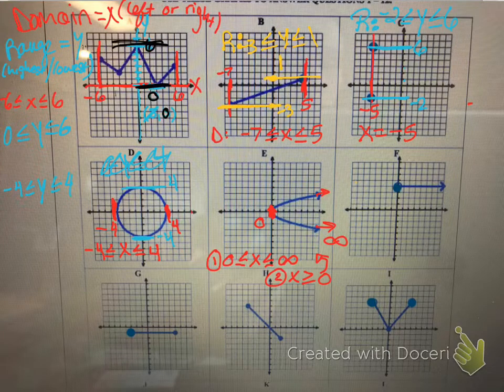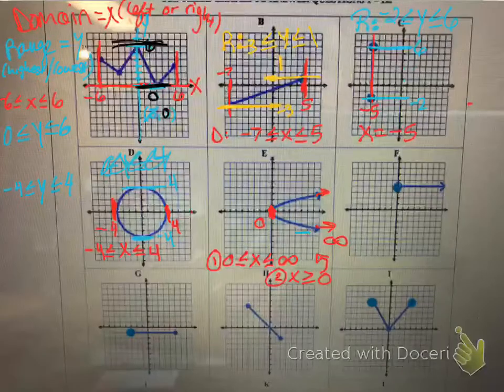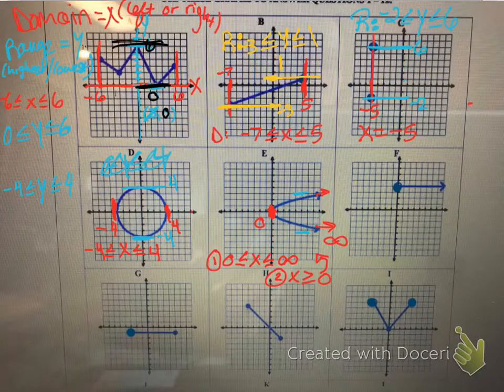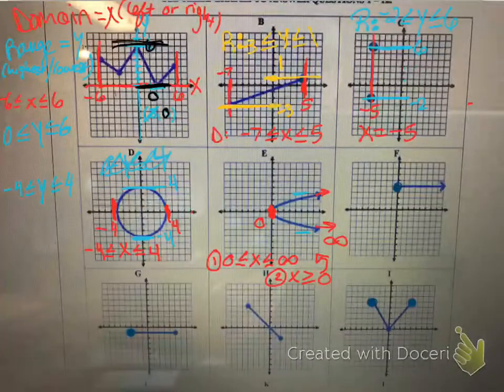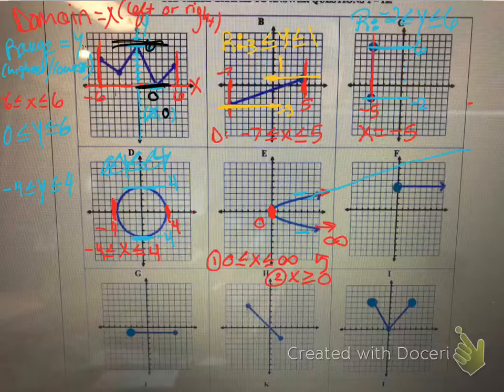Let's take a look at the range then. So for the range, we look at the lowest and highest. We kind of don't have a great lowest and highest point because, again, these are going on forever and ever. So it's going to keep going up and over. This one's going to keep going down and over forever. So we don't have a highest and lowest point.